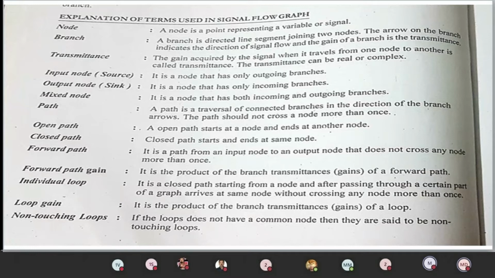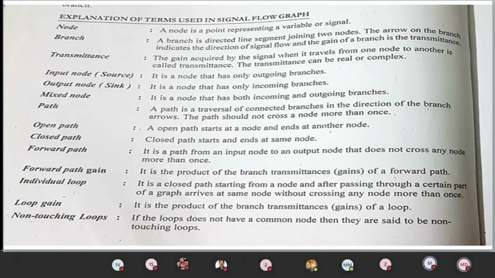First, a node. This is a very important parameter in a signal flow graph, which represents a variable or signal. A branch is a straight, directed line which connects two nodes. Next, closed path. This is very important. It starts and ends at the same node.